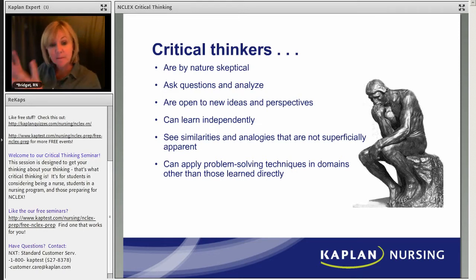You take some of that information, and when you get into the clinical setting, you're able to say, in CPR we learned this. In this situation, I think I'll try this. You're able to apply information that you learned and those problem-solving techniques into different settings. And that's challenging because what you hear in lecture and class can be a lot different than what happens in clinical.